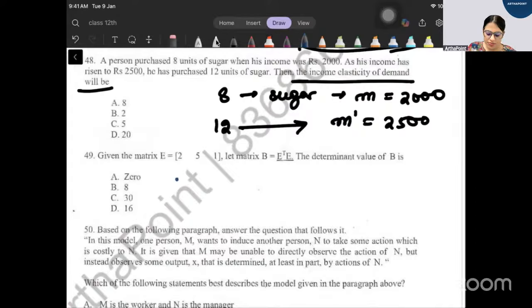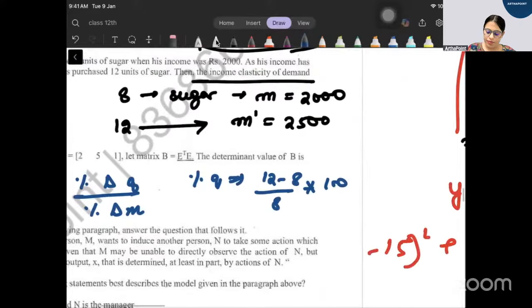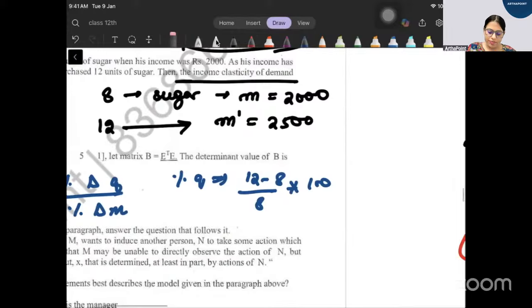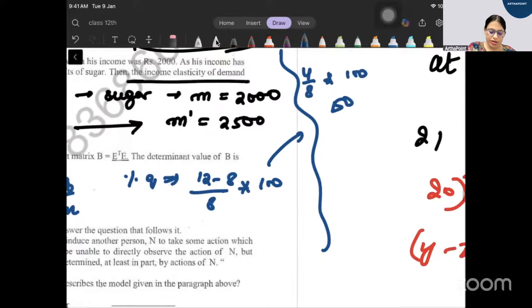Income elasticity means percentage change in demand due to percentage change in income. Percentage change in demand will be 12 minus 8 upon 8 into 100. It means it will become 4 by 8 into 100. That means 50. Percentage change in income. Find that out.